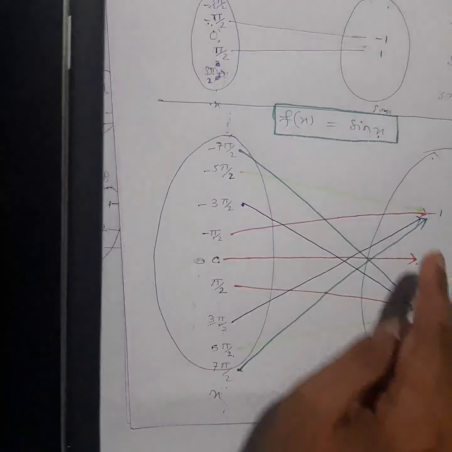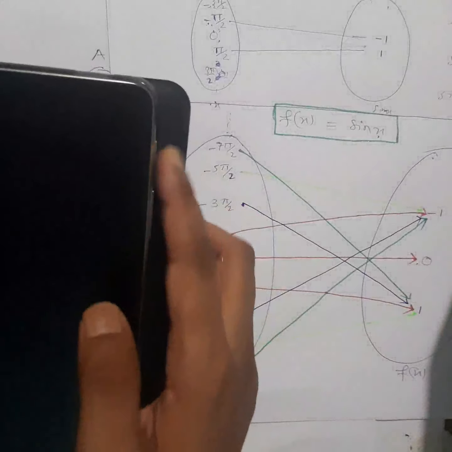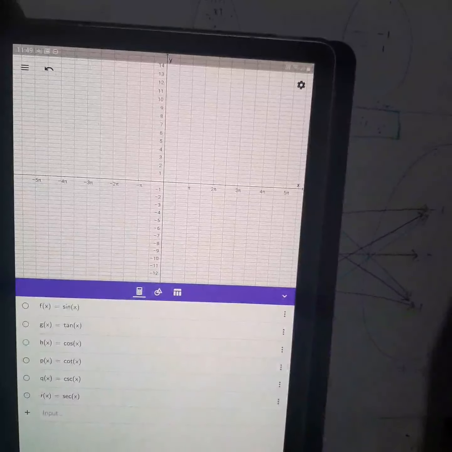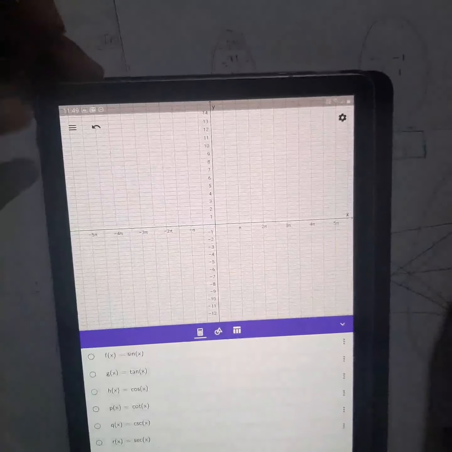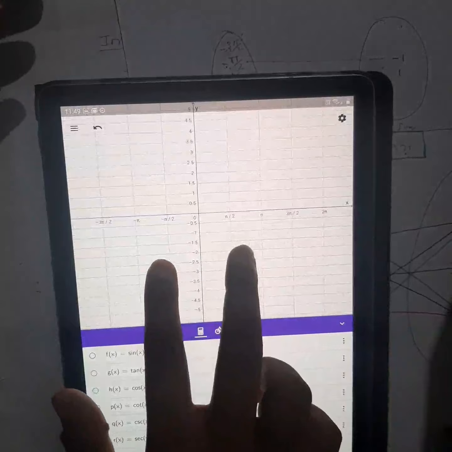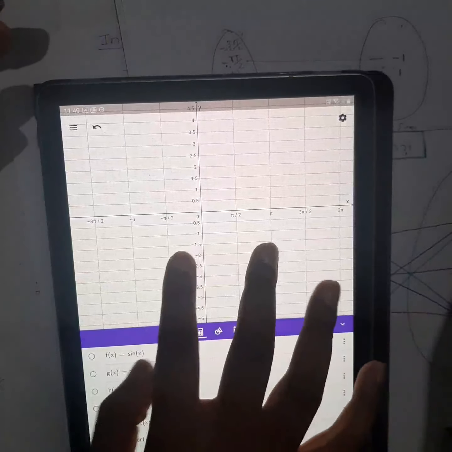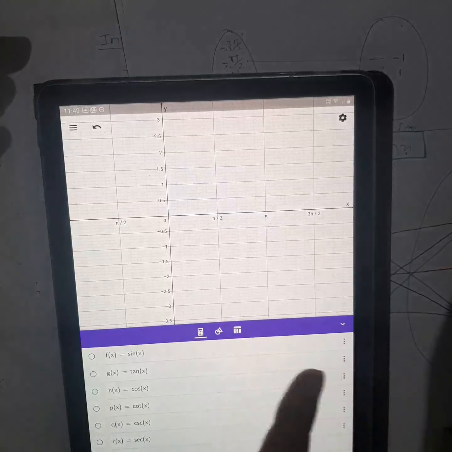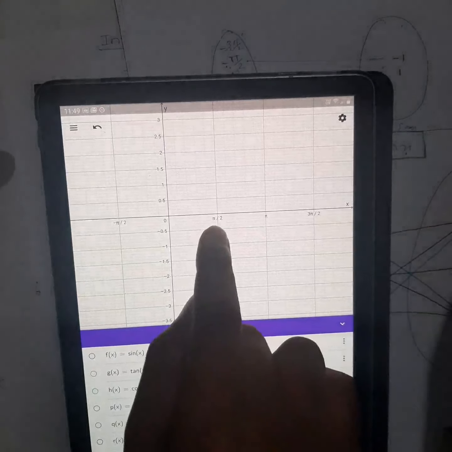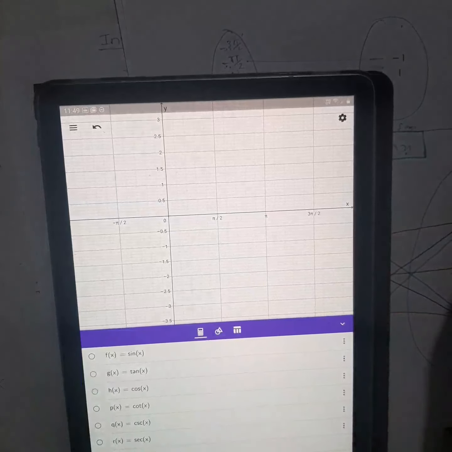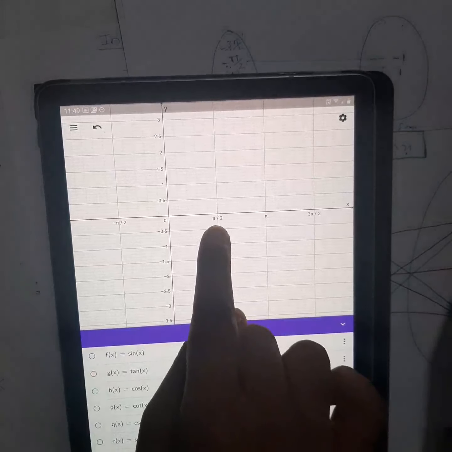Now I will show this in the graph. You can check how it will be. First thing you can see, I don't know whether it is visible or not, this is your x-axis, which I have taken in terms of radian here, pi by 2. Remember I told you in class 11, to plot in the graph we take the angle in terms of radian, not in degree.